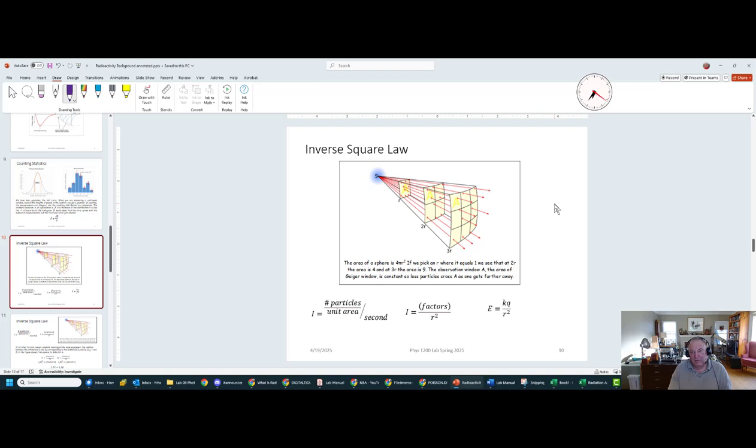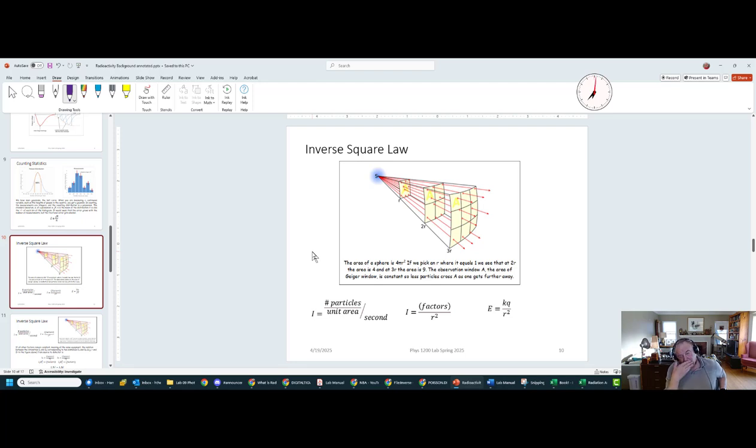You notice that fewer of those arrows, which represent particles shooting out, go into that A. And so as we move the Geiger counter further and further back, we're going to hear fewer and fewer clicks. So intensity, we think of as how bright something is, but strictly speaking, intensity is the number of particles per unit area per second.